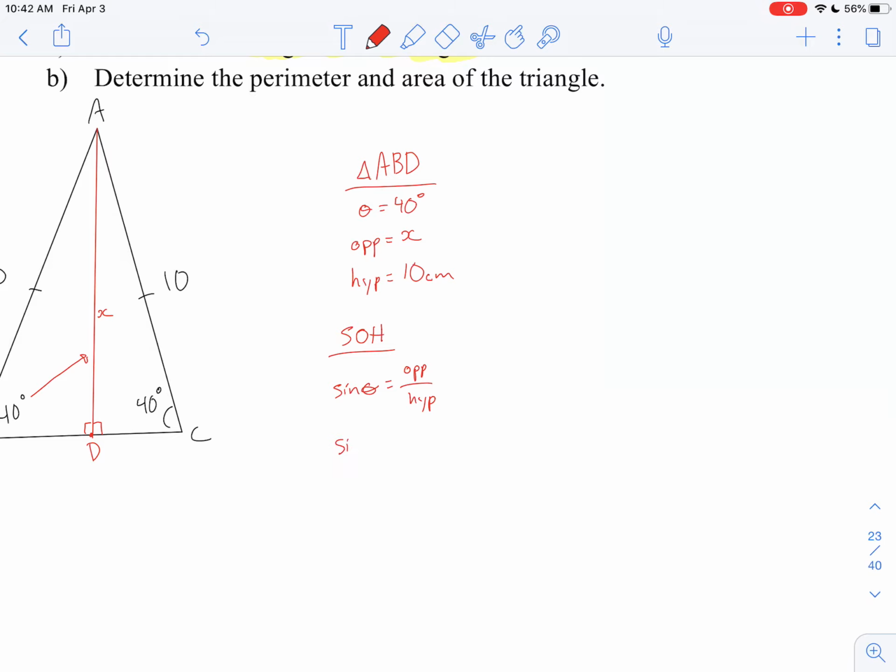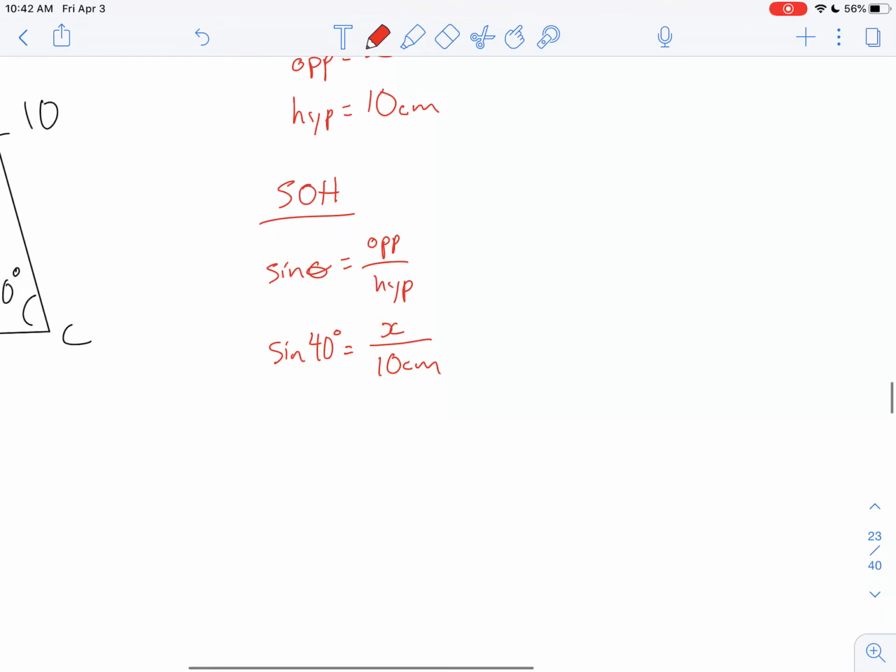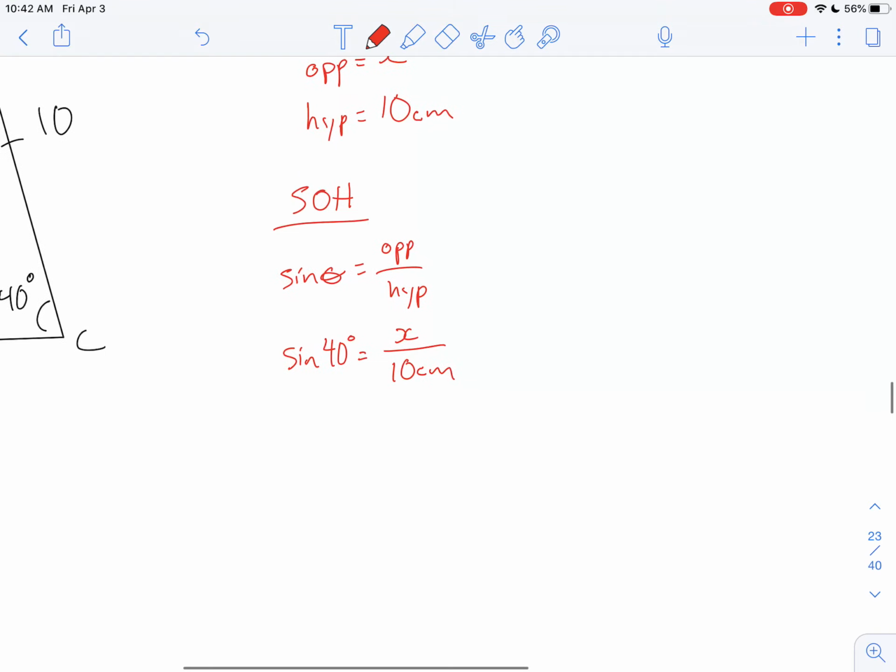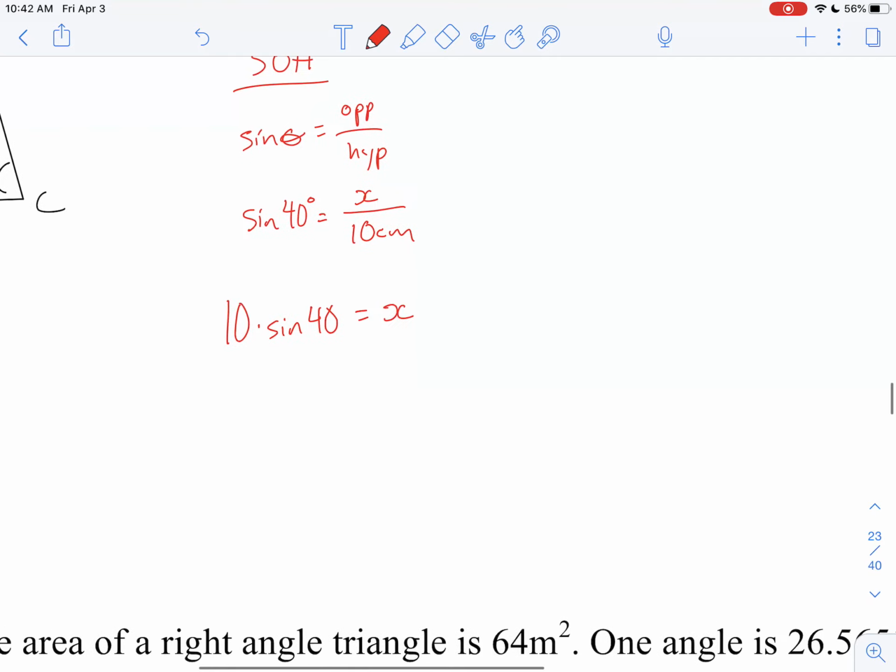So we've got sine of 40 degrees is equal to x over 10 centimeters. I want to isolate for x, so I'm going to multiply both sides by 10. So we're going to get 10 times sine 40 is equal to x, because 10 divided by 10 is 1.